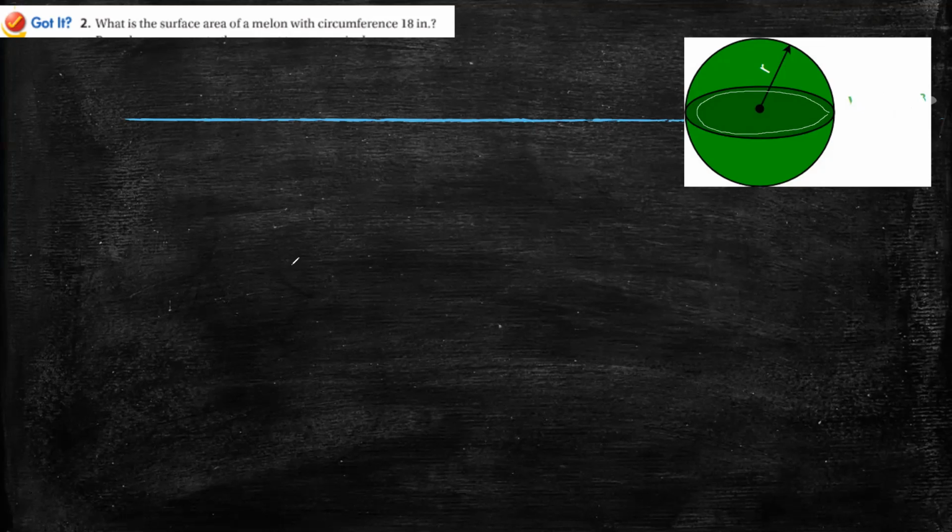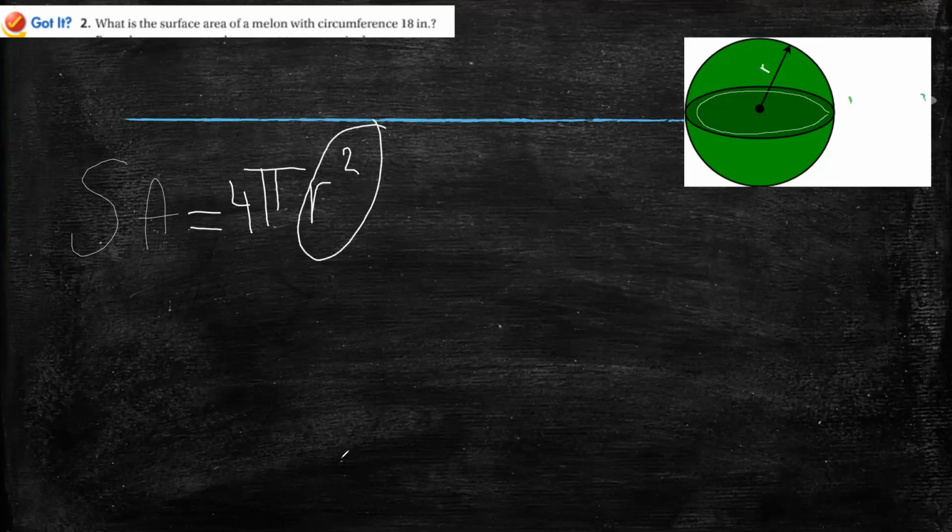To find the surface area, we said that the surface area is 4πr², so I need the radius. But the radius here is not given. How can I get it? From the circumference of a circle.